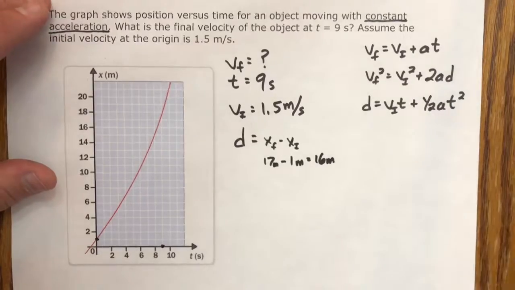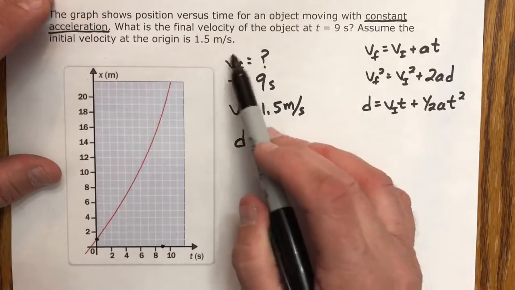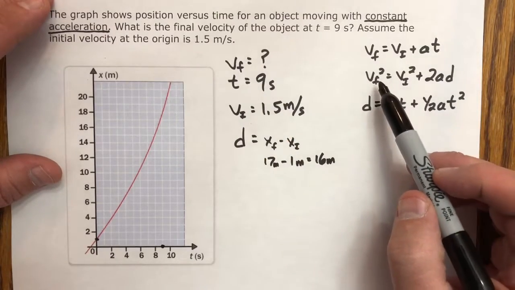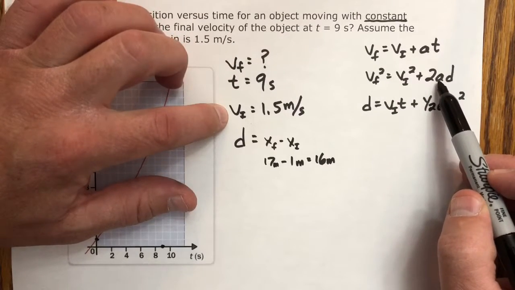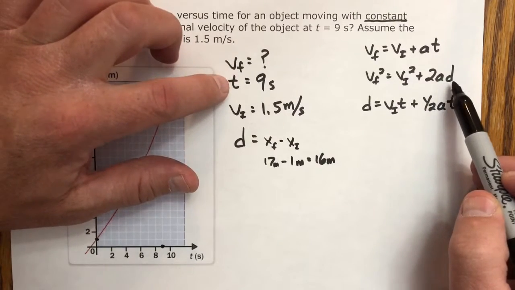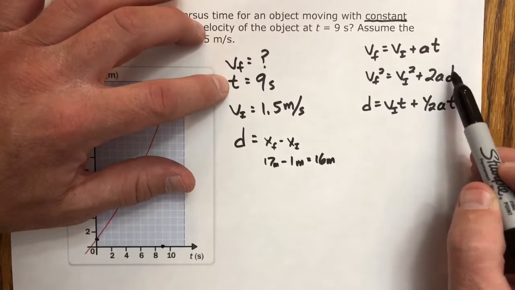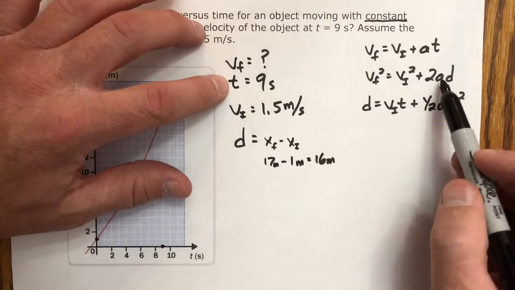Now, if we relook at these equations, we're trying to find final velocity. And in order to find final velocity, we have our initial velocity. Yes. We have our acceleration. No, we do not. We have time, but we need displacement. So the easiest thing to do is to use an equation to find acceleration because there's acceleration in all 3 of these.